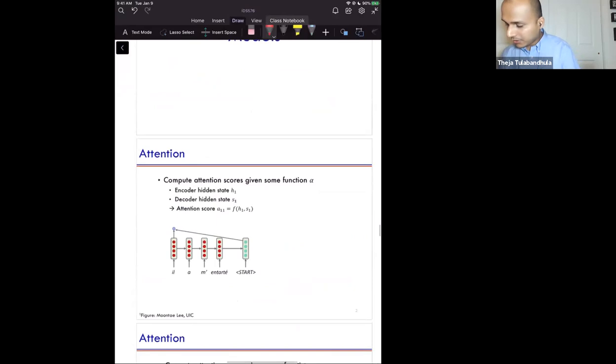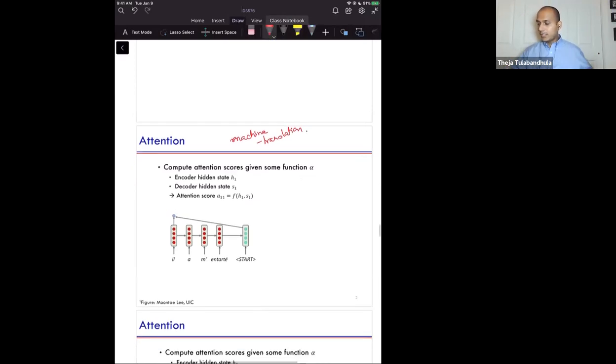So let's talk about what attention is doing. This example is actually not for auto reply, but for machine translation. So what are we going to do? Let's say we have encoded. So we went through an RNN and produced these hidden vectors.